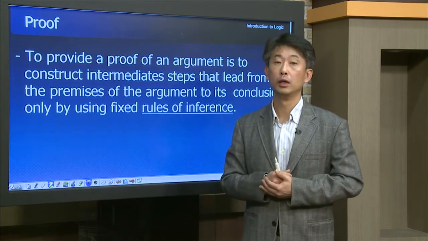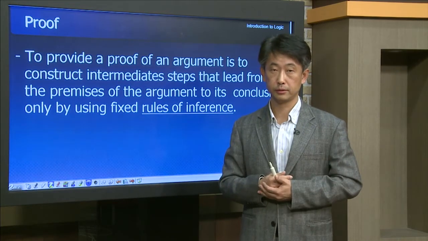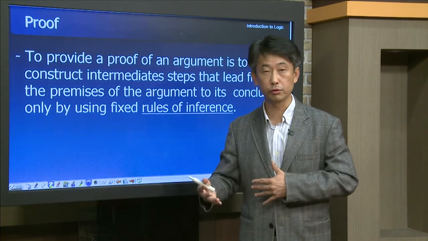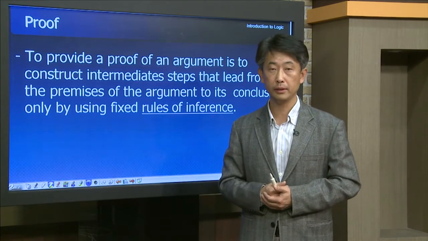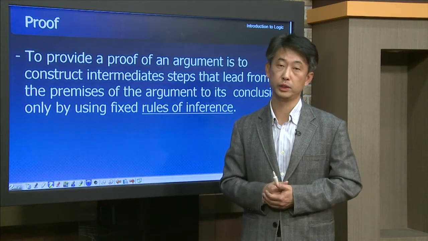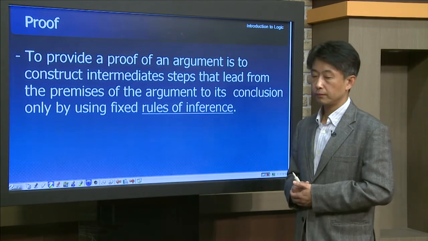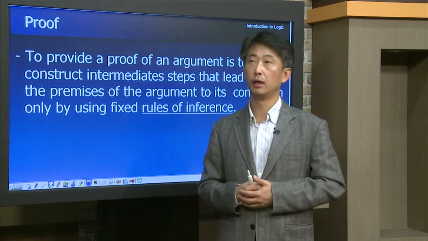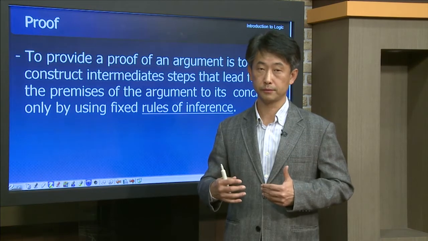If you appeal to rules of inference that are themselves controversial, then your demonstration would not be as successful as you wish. So we will learn what the accepted rules of inference are in the following.